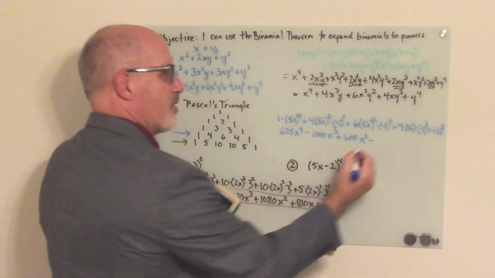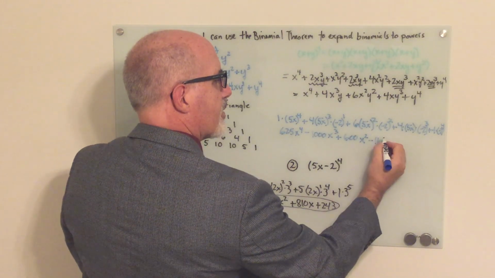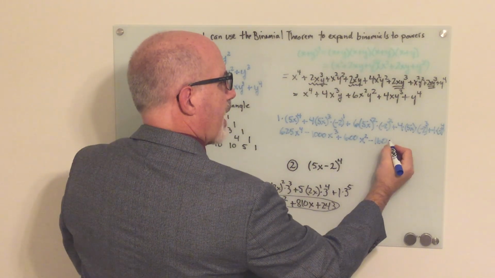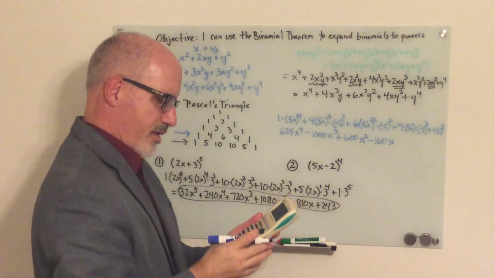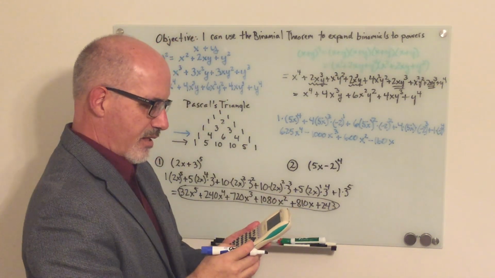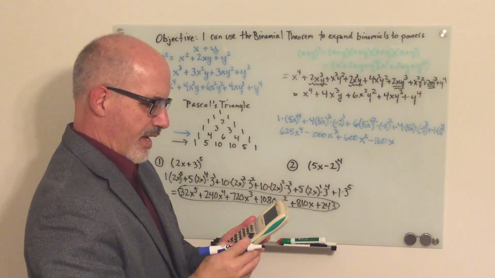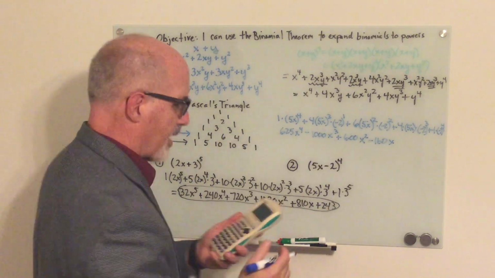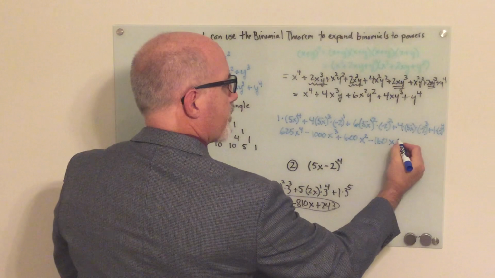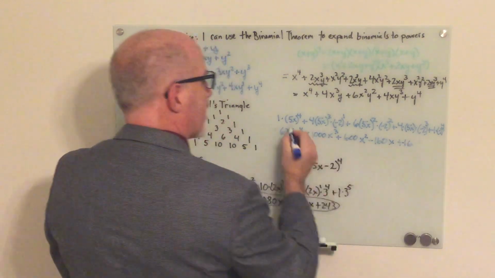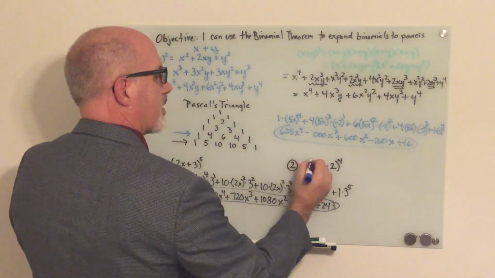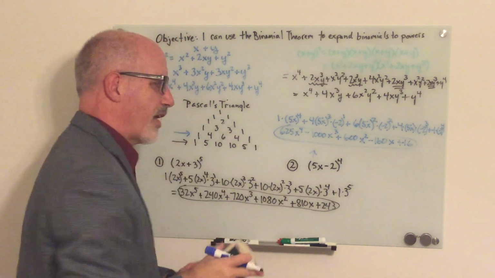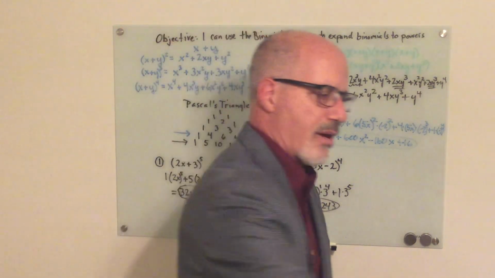That gives me 160. And that'll be x. And then lastly, negative 2 to the 4th is going to be a positive, and that gives me positive 16. So that's this one expanded out for 5x minus 2 to the 4th power.